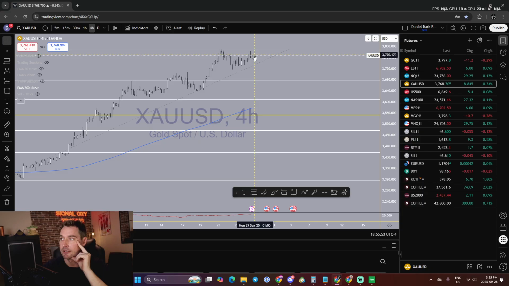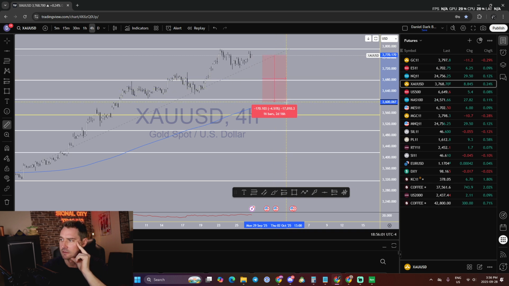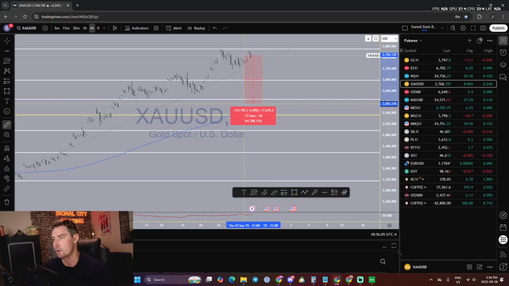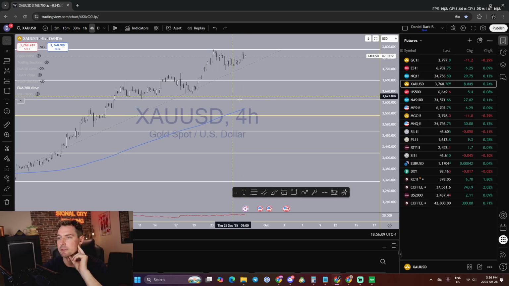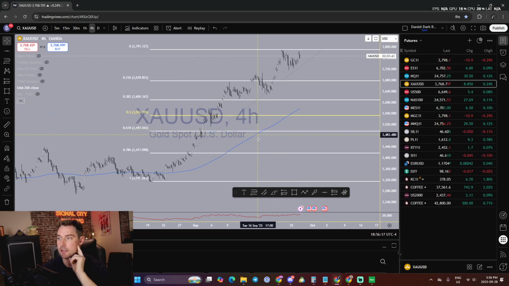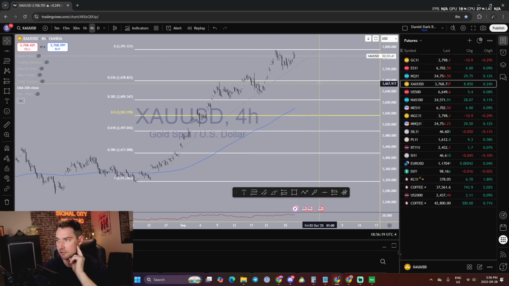Because we are at 37, so that'd be a $170 retracement, which is a 4.5% retracement on gold. So that would be a relevant retracement. It doesn't really align with much of a Fibonacci, but it might align with the 200 EMA if the timing's right. So that's something interesting to watch out for.